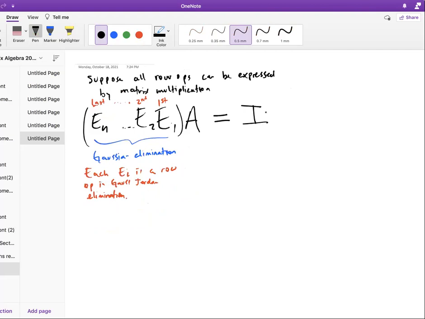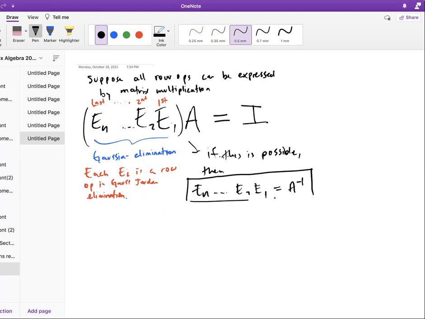That's the definition of an inverse. If this is possible, then this En, these row operations that you're doing, is just the inverse. And that's remarkable. So all those things that you were doing back in the first or second sections, you were calculating inverses.